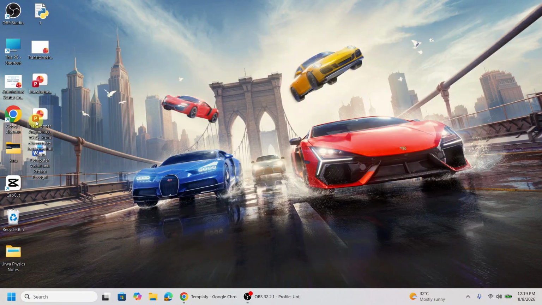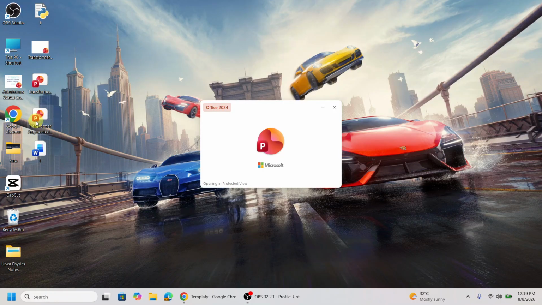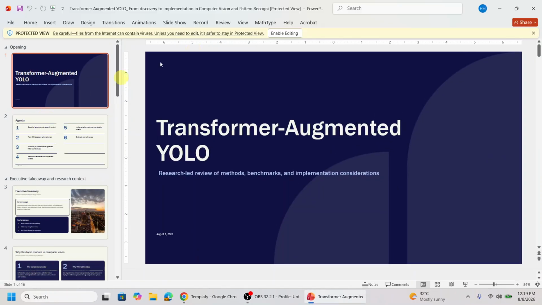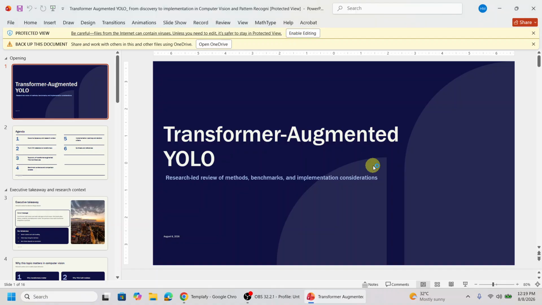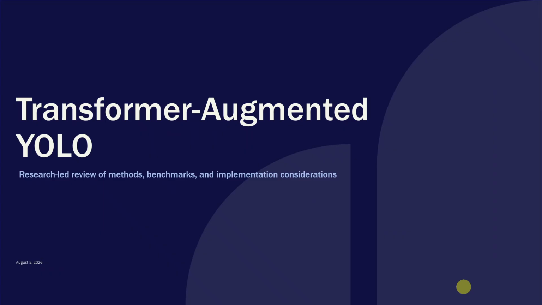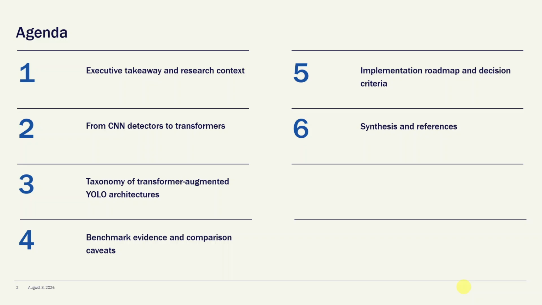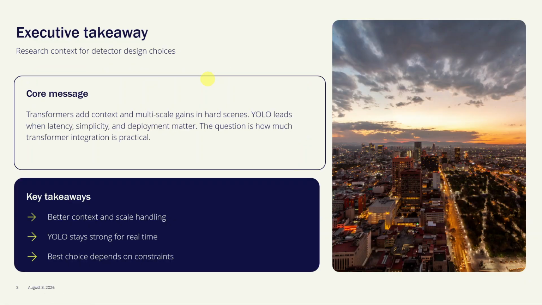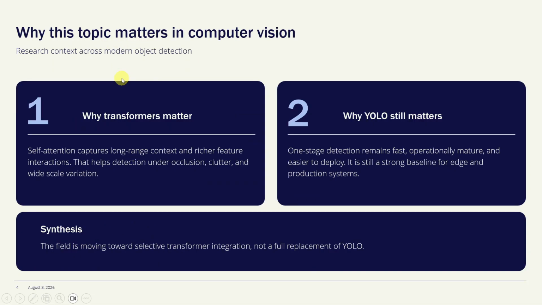Now, as you can see, this is the presentation that has been generated by Templafy. Based upon your preference, you can compare the presentation that I showed earlier through Gamma AI with this one generated by Templafy. As you can see, the agenda is much more refined as compared to Gamma AI. The output is very clean, very neat.